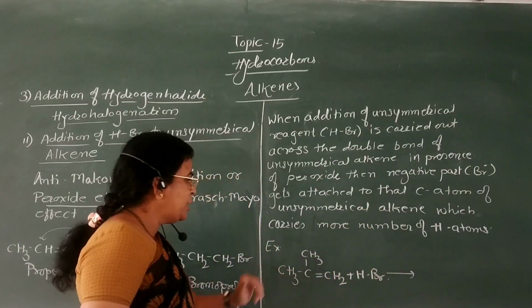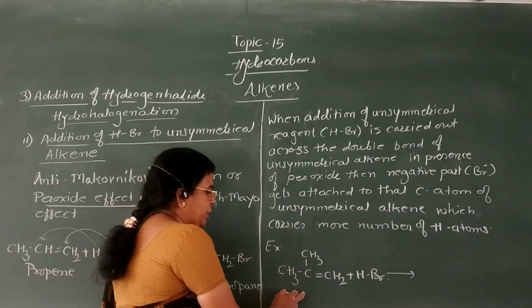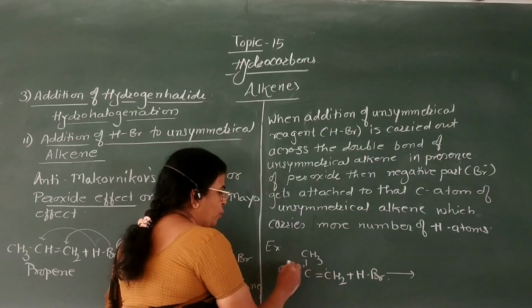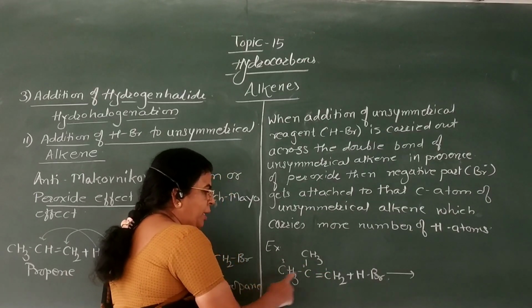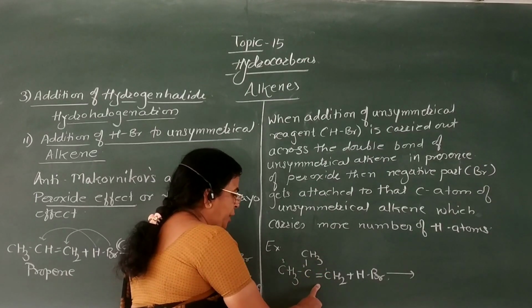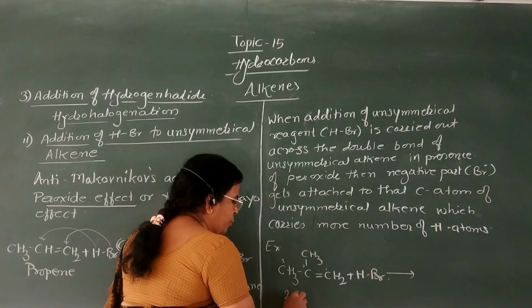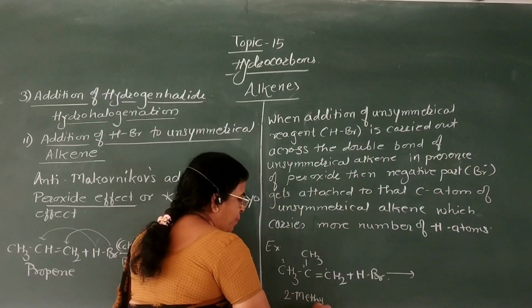Now we are going to see the second example. Now the name of this compound is, numbering 1, 2, 3: the parent alkane is propane, there is a double bond, therefore it is propene. At 2 position there is a methyl group, therefore it is 2-methylpropene.